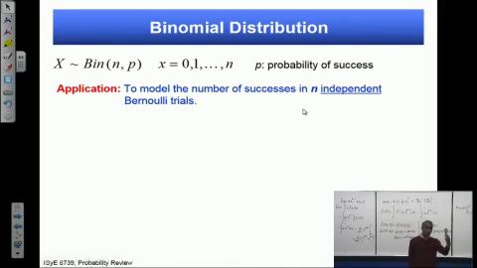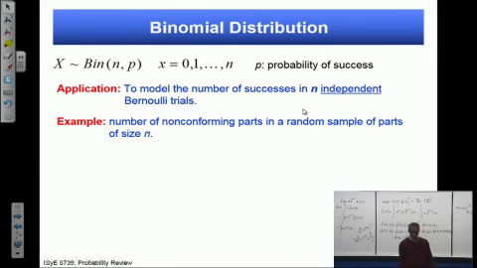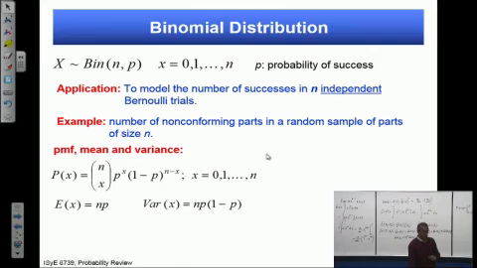Exactly. If you produce one bad part, it doesn't affect the quality of the previous nor the next one. They are independent. One example, as I said, is the number of non-conforming parts in a random sample of parts of size n. This is the probability mass function.